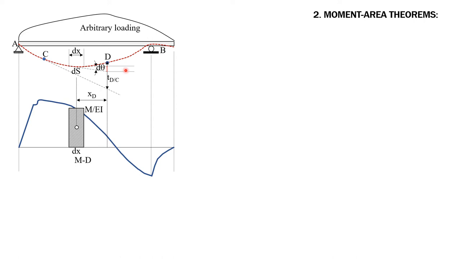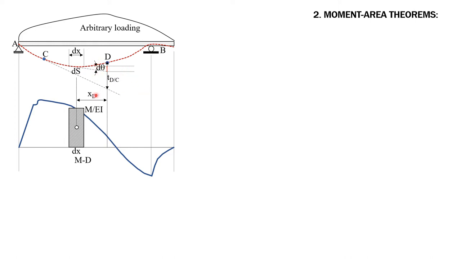So the projection of these two tangents on this vertical line is the same whether measured from the left or the right of dx, which is x sub D, and we treat this x sub D as the radius of a sector of central angle d theta.